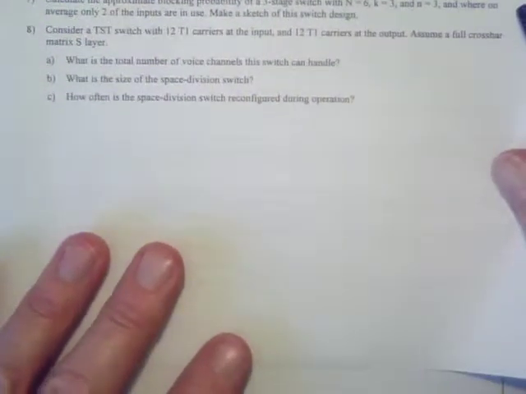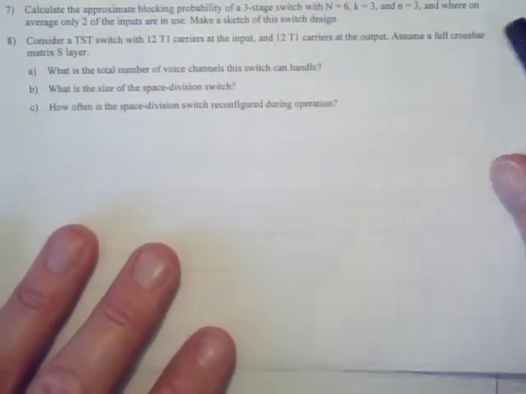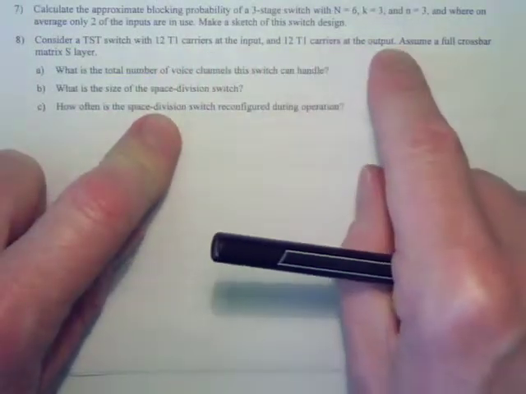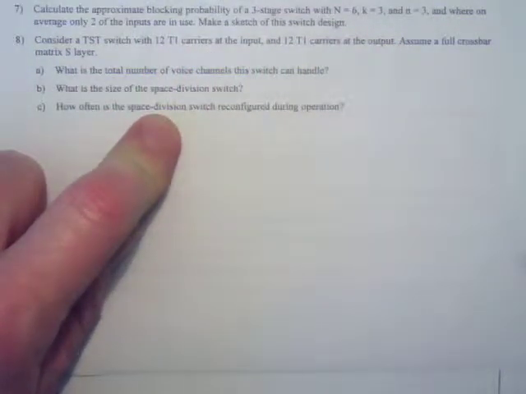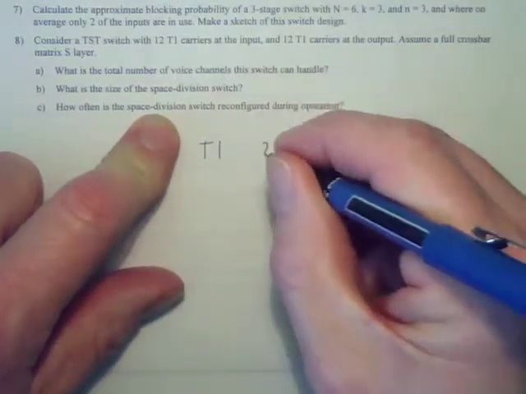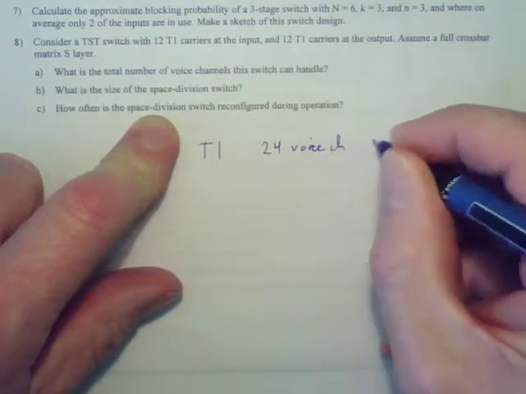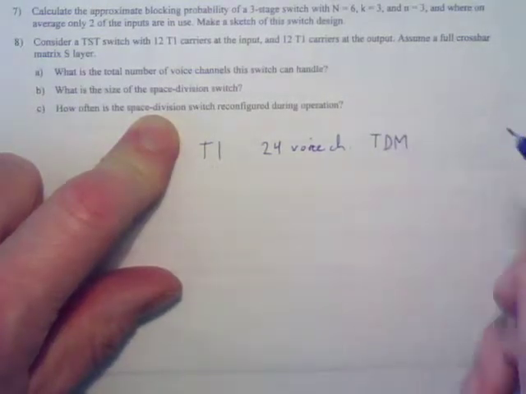To get started on problem 8, 8 is also a TST switch problem. It says we have 12 T1 carriers at the input and 12 T1 carriers at the output. Now each T1 has 24 voice channels, TDM multiplexed together.